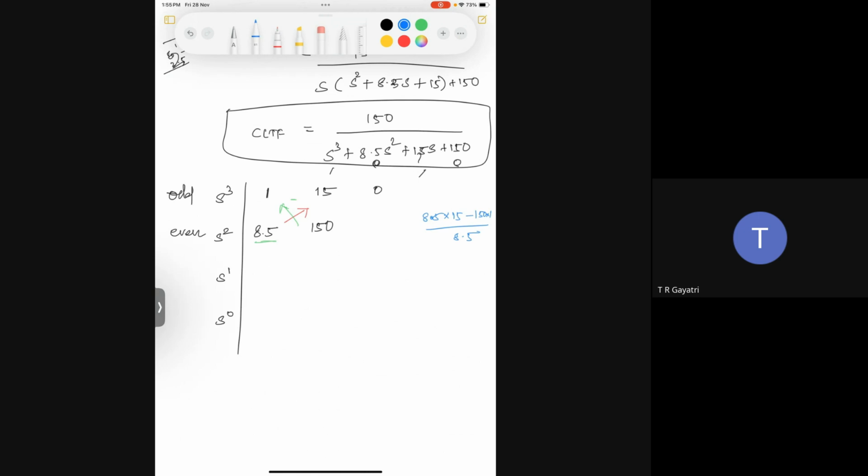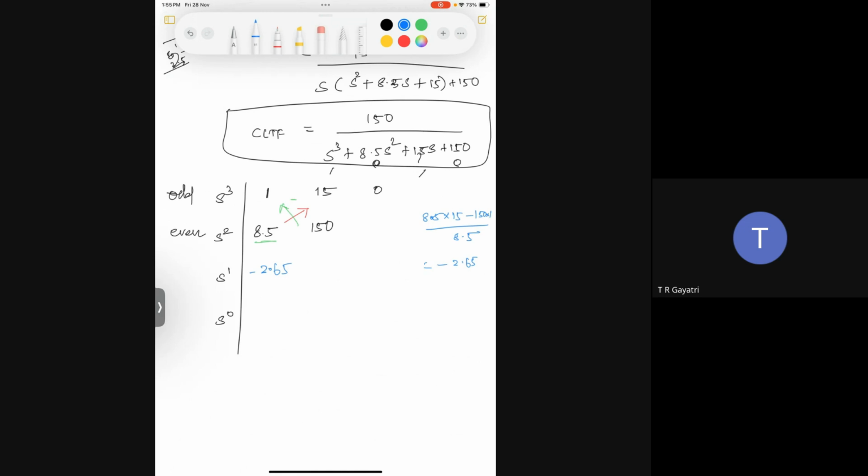Can you calculate and tell me? Or I will use a calculator. 8.5 into 15 minus 150 gives, roughly, minus 2.65. From this only, we will know that it is unstable.